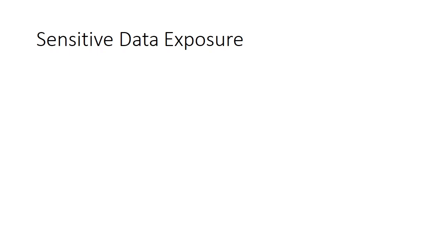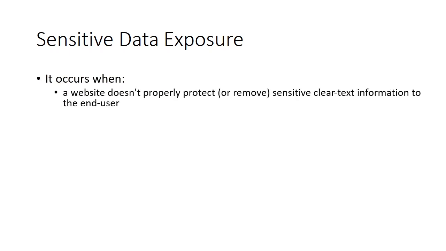Sensitive data exposure. Sensitive data exposure occurs when a website doesn't properly protect or remove sensitive clear text information from the end user, usually found in the site's front-end source code.